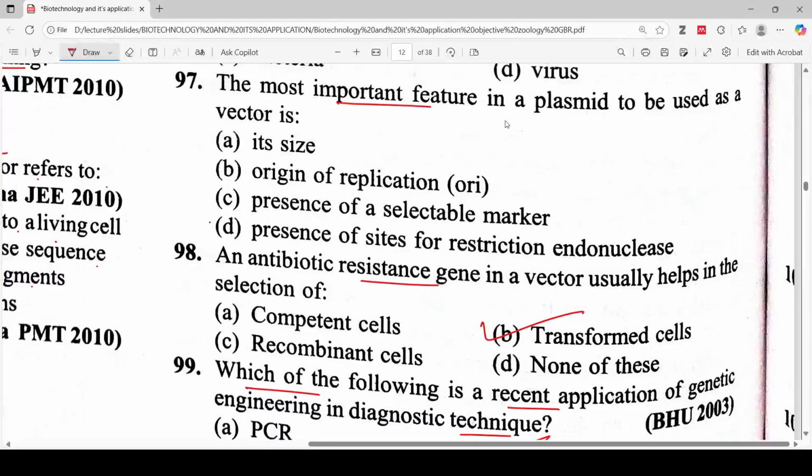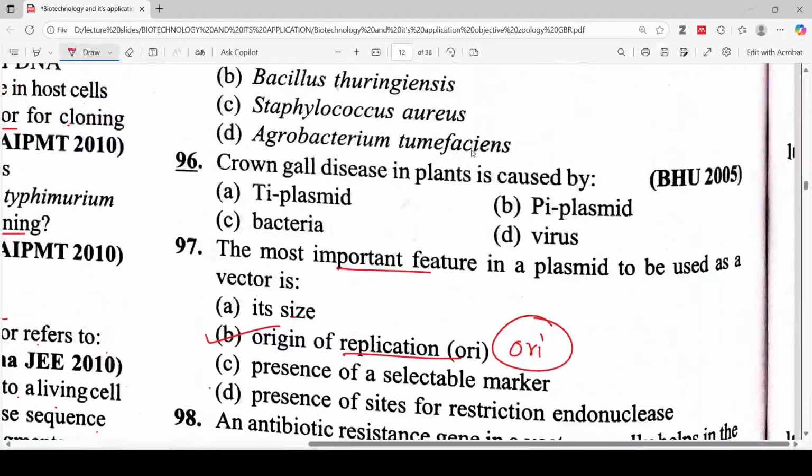The most important feature in a plasmid to be used as a vector: its size, origin of replication, the presence of a selectable marker, the presence of sites for restriction endonuclease. So the correct answer is option B, origin of replication site. Next question, the crown gall disease in plants is caused by Ti plasmids.